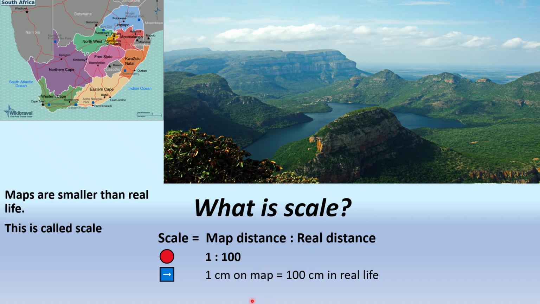Now, that's not always the case. Sometimes they are tricky with us, and sometimes this is actually the real distance, and this is distance on a map. But for our purposes, 1 is the distance on a map and 100 is the distance in reality.